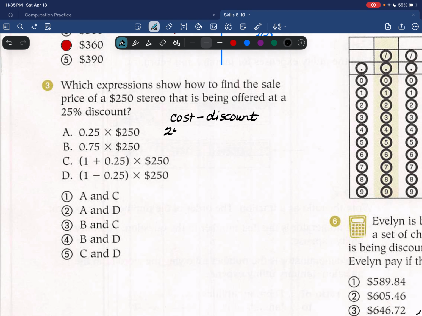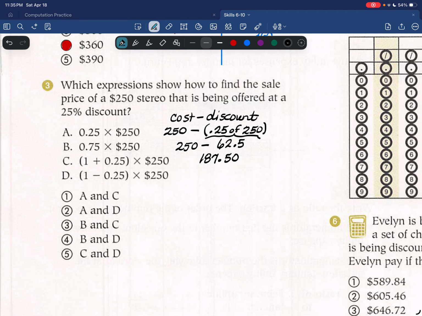So $250 is your cost. Your discount is 25% of that $250. So 25% of $250 is going to be 62.5. I wasn't supposed to use a calculator there, was I? I'm sorry. 250 minus 62.5, since I've already cheated, I'm going to do that, is 187.50. So that's how I would solve the problem if I were asked to.